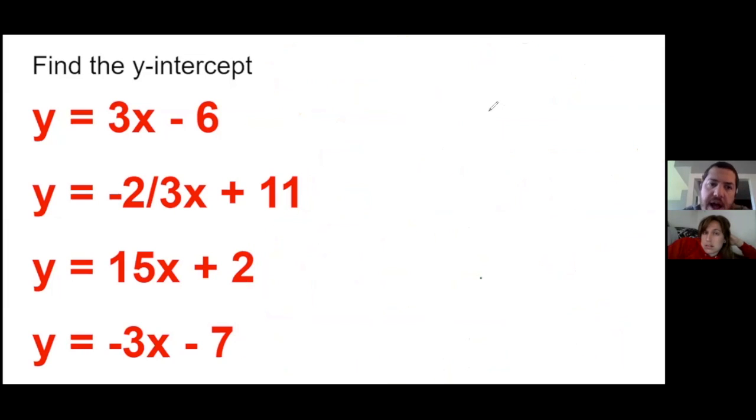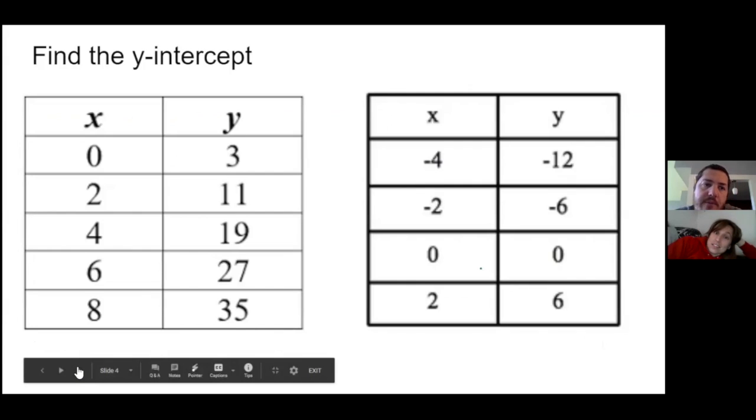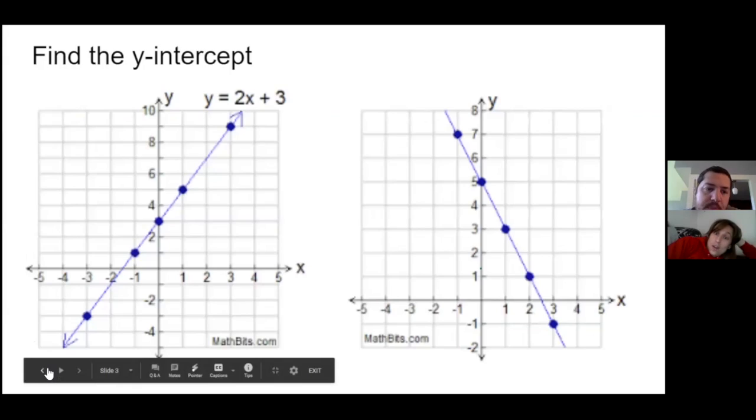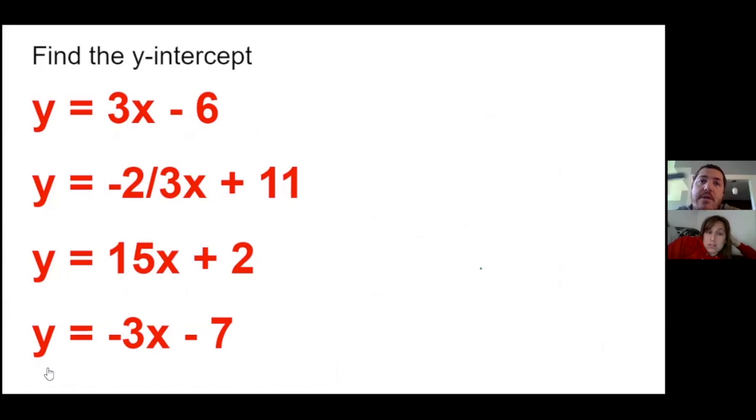In this slide, I've made some examples of equations, graphs, and tables. And from each one of these, we're going to try to find both the y-intercept and the slope.